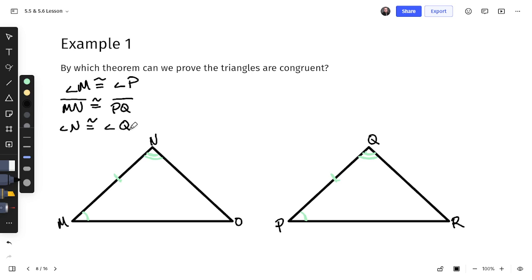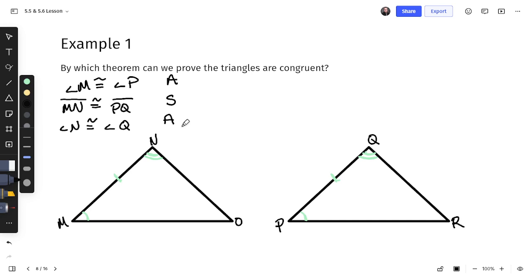And it asks us, by which theorem can we prove the triangles are congruent? Well, let's look at what we have here. We have an angle, we have a side, and we have an angle that are congruent. And that side is the included side between those two angles. So we can use the ASA theorem to prove that those two triangles are congruent.